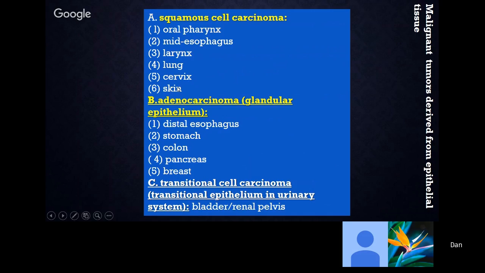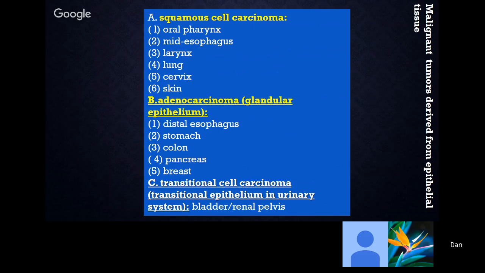But know the location, because sometimes they give you just the location, they will not give you a type, and you need to guess by location what type of tissue there is. So this is why I always suggest students, before studying the tumors, to review their histology, because histology becomes very handy in this chapter.